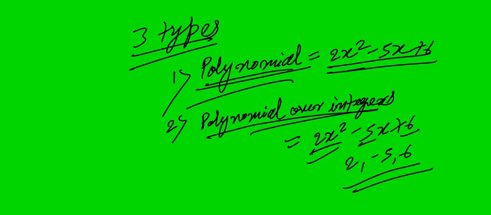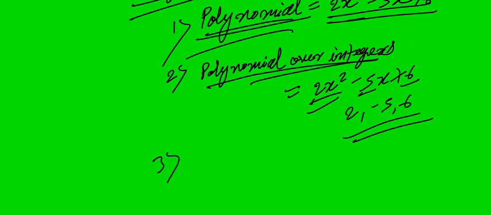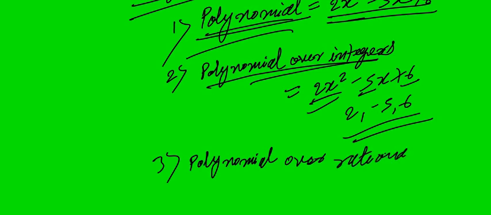The next one is the third type. It is called a polynomial over rationals. Basically, you have all seen polynomials over rationals. That means rational numbers will be used. For example, we can write 5 by 4 x square minus, or plus, anything you can take, 3 by 2 x plus 5 by 7.